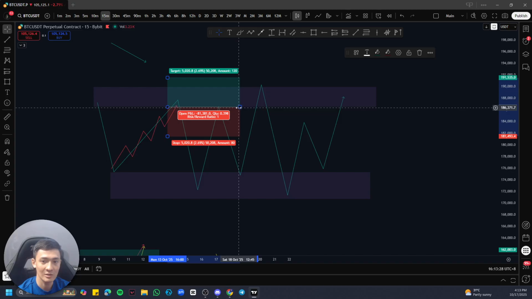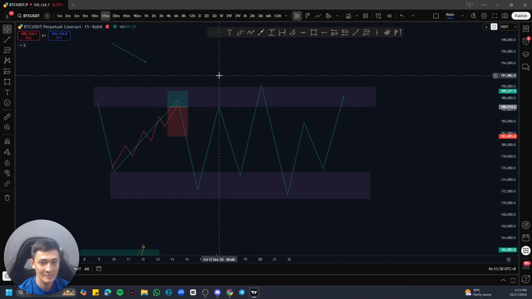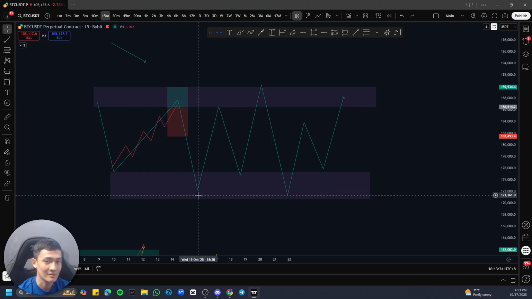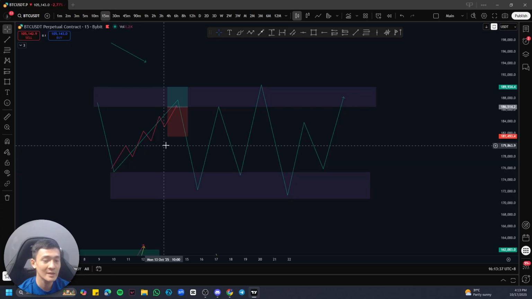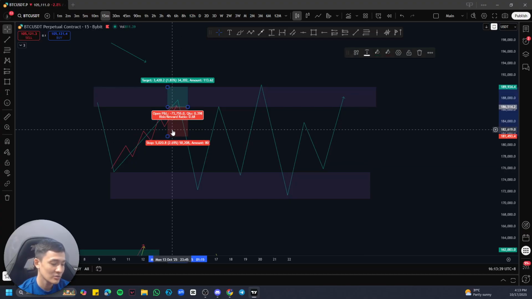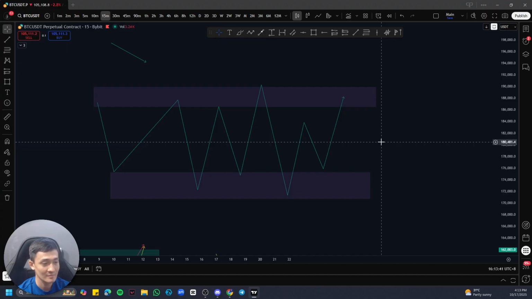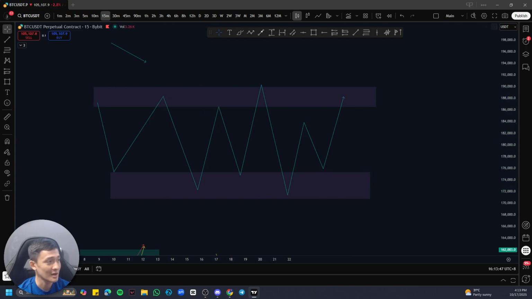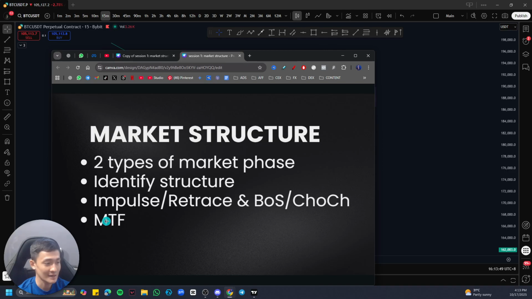You don't want to be taking a long position here, because the market is sideways, it could just flip, boom, go back down. So you want to be able to tell where you are at in the market. Is it a good time to enter or not? So this is the power of multiple time frame alignment.